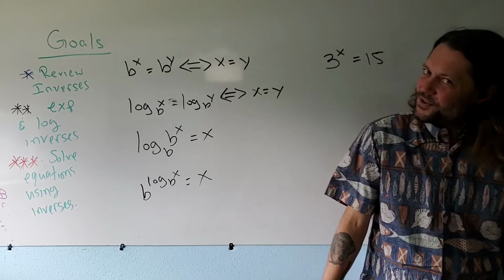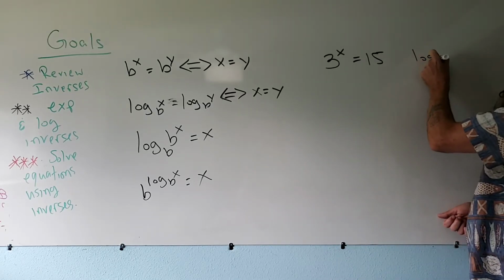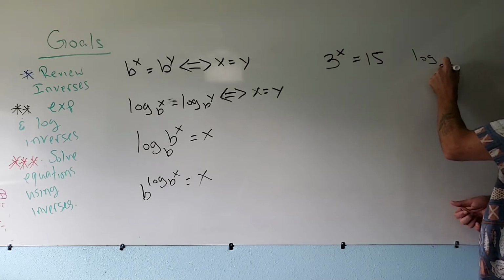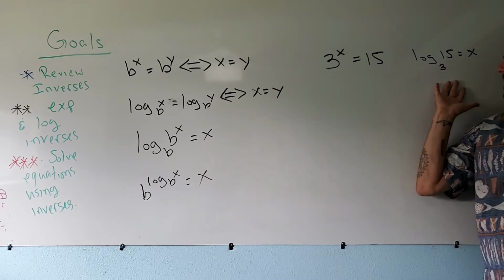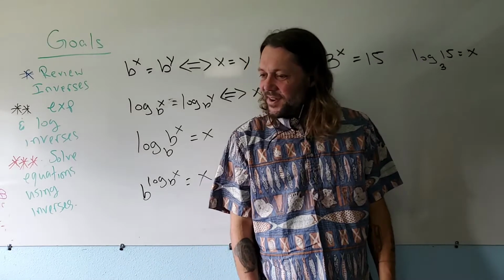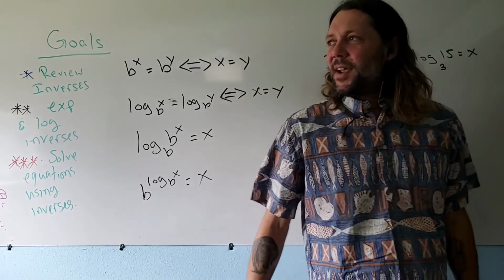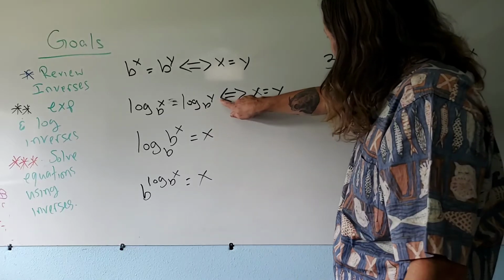Honestly, if you wanted to solve this, you would just rewrite it as a log, and the answer would be log base 3 of 15 is equal to x. That's how we would solve it in the simple way. But for whatever reason, this trig book has this method of solving, and I don't know why it's in there, but again, it's just a little practice in algebra.